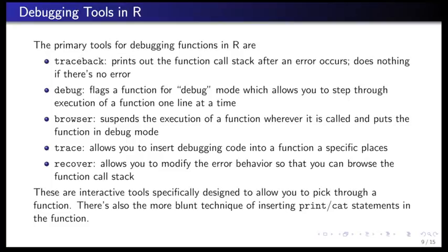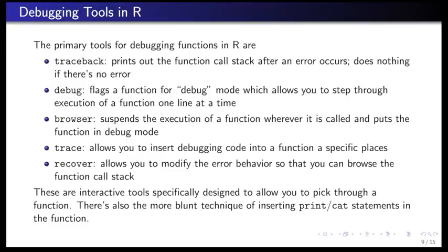You can change that default behavior by setting what's called an error handler. And recover is an error handler function, which means that anytime you encounter an error anywhere in a function, rather than getting the console back, the R interpreter will stop the execution of that function right where the error occurred. And it will kind of freeze it there.